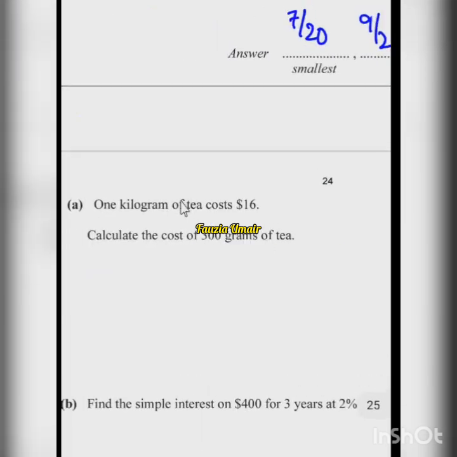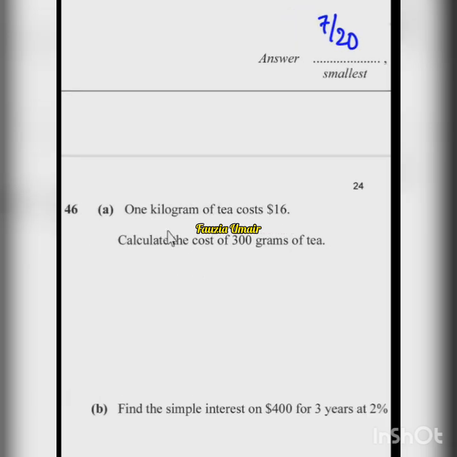Okay. So next question is again a simple question. 1 kilogram costs $16. So you can compare them in grams. You can use a proportion method also. Grams are compared with price. So 1000 grams have price $16. You have to find out what price 300 grams would have. It's a direct proportion because the more the weight, the more the price.